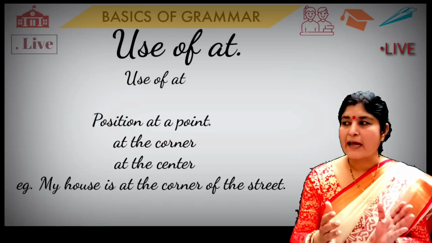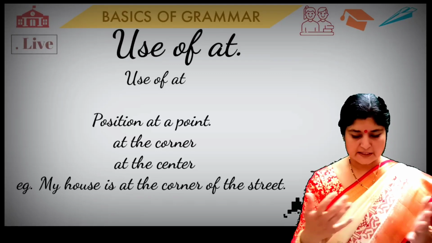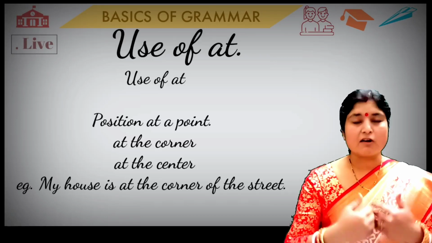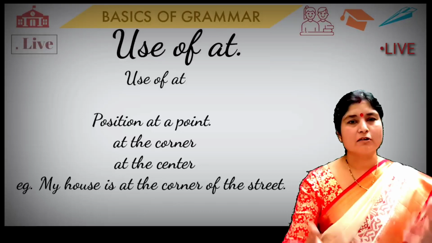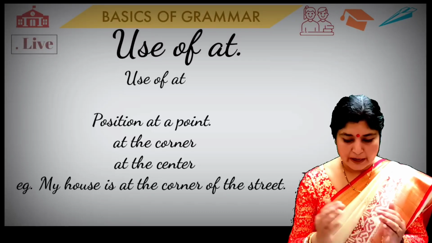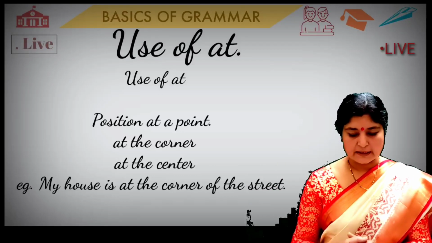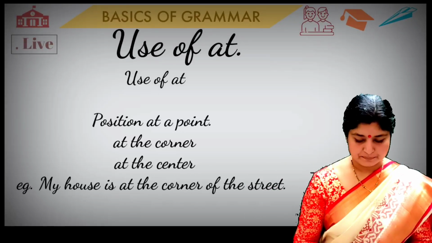So at is also used for position at a point. For example, at the corner or at the center. My house is at the corner of the street. So when we talk about position at a point, like at the corner, at the center, we must use at.